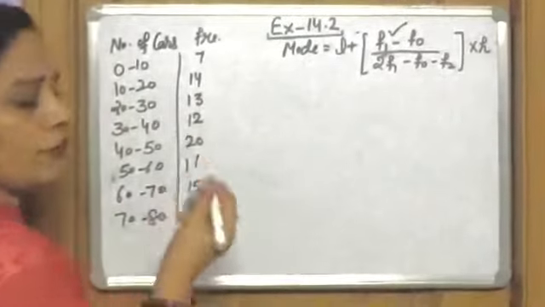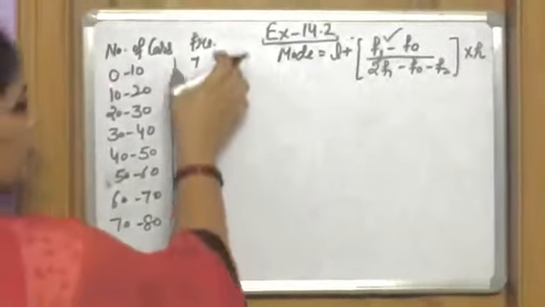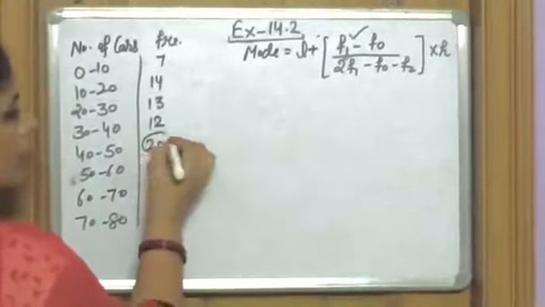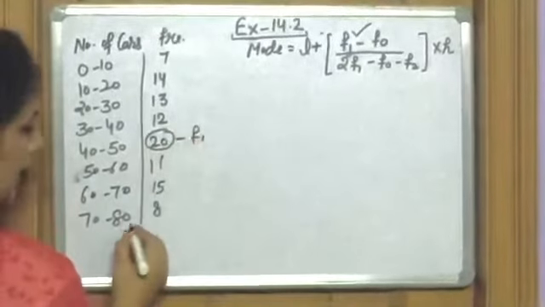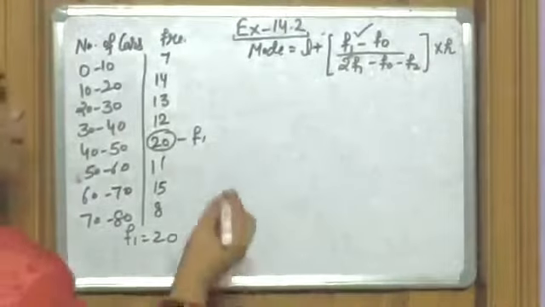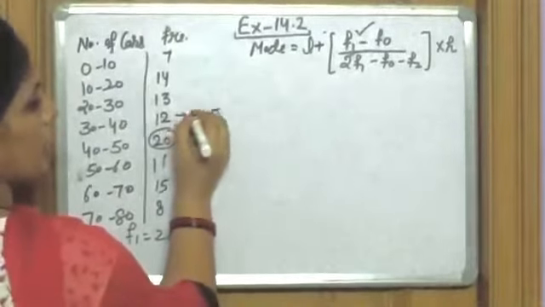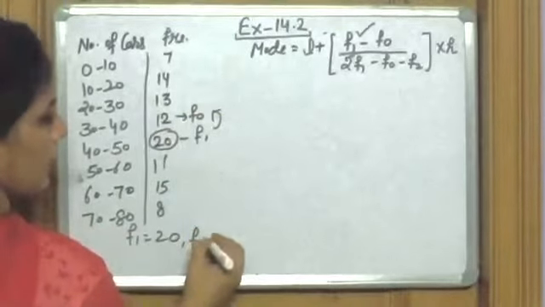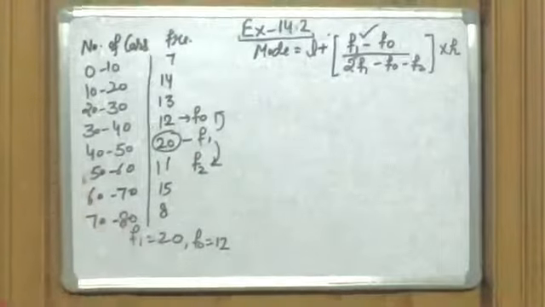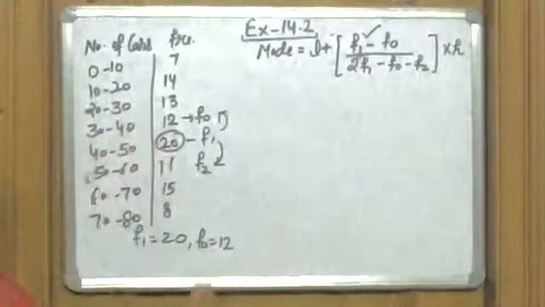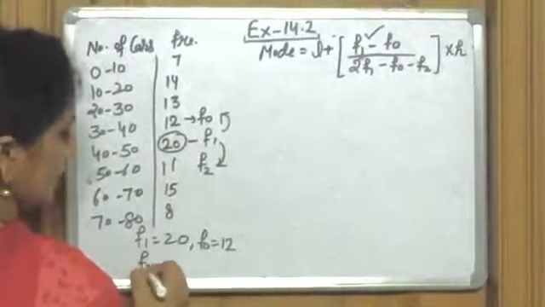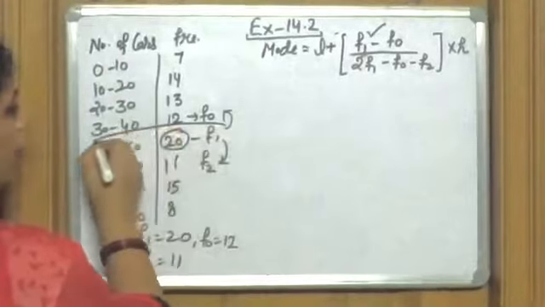F1 is the highest number in the frequency. So in the frequency the highest number is 20. So we can say that F1 is 20, and F0, which is the upper term of F1, is 12, and F2 is the succeeding term, the lower term of F1. F0 is the preceding term of F1. So F2 is 11. This is our main term.